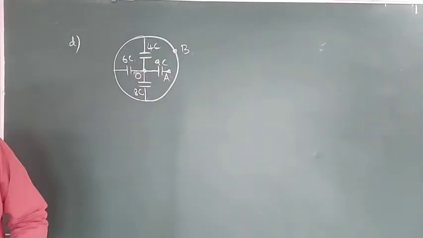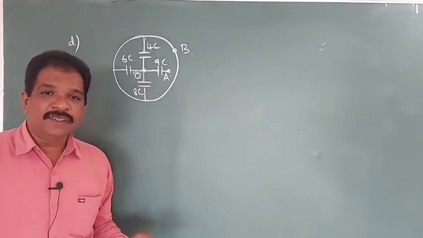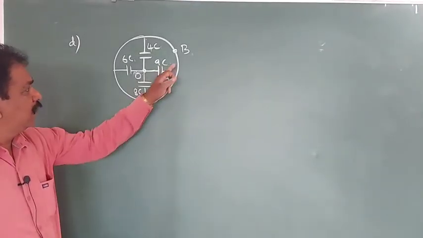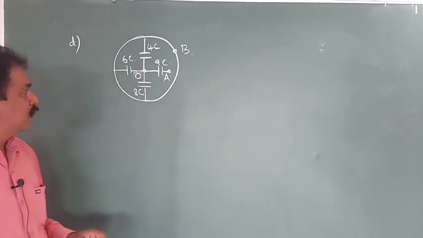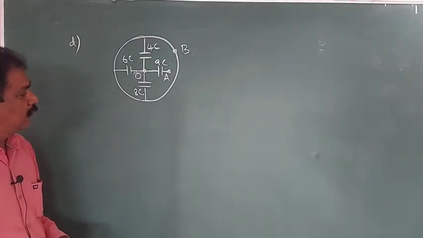One circuit is like this. They are asking to find what is the effective capacity between A and B. Point is clear? So, try to solve.